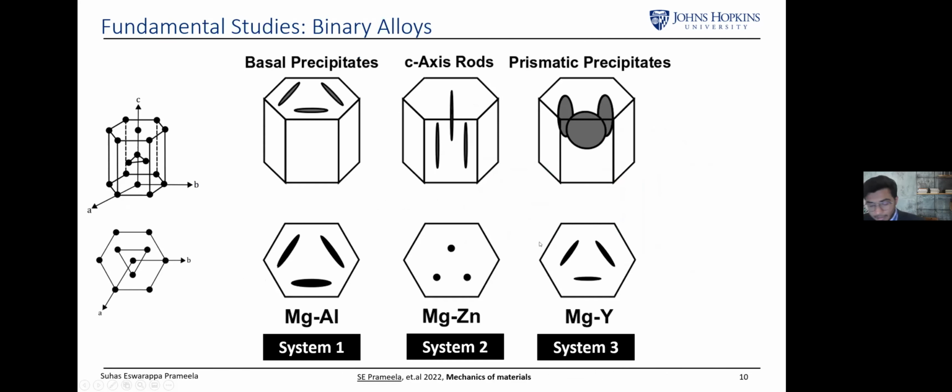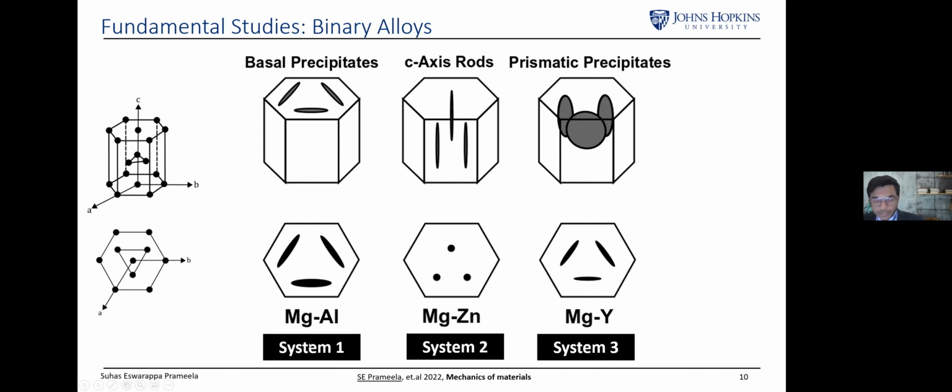So in this MEDE consortium that Jin mentioned, one of our goals was, well, how do we look at this problem? And we wanted to really do this in a very fundamental fashion. So we said, let's not right away jump to commercial alloys, but really focus on binary alloys. So we started with these three binary alloys of magnesium-aluminum, magnesium-zinc, and magnesium-yttrium.